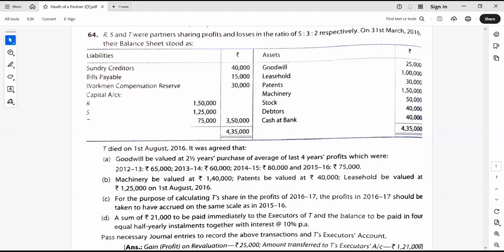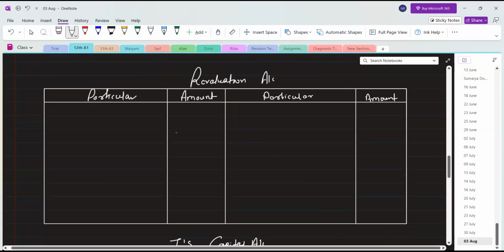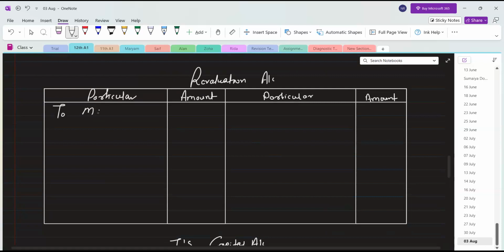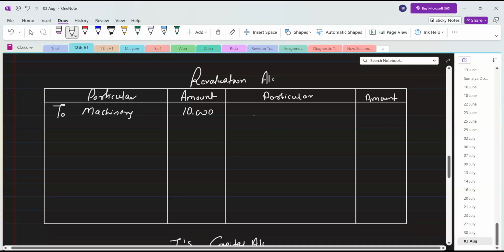After that, machine to be valued at 140. Machine value is 150, so it is decreasing by 10,000. Loss. Then there is patent. We valued patent 30,000, increased by 10,000.